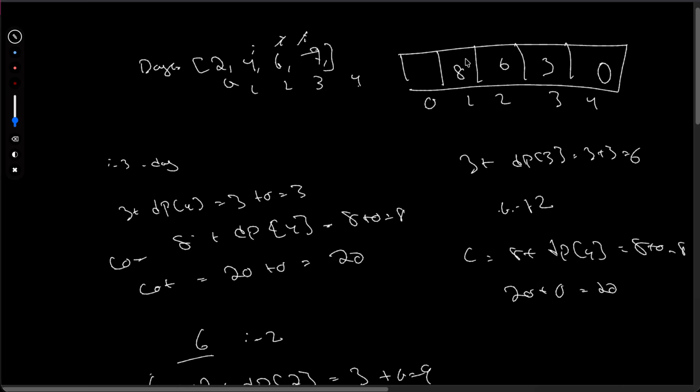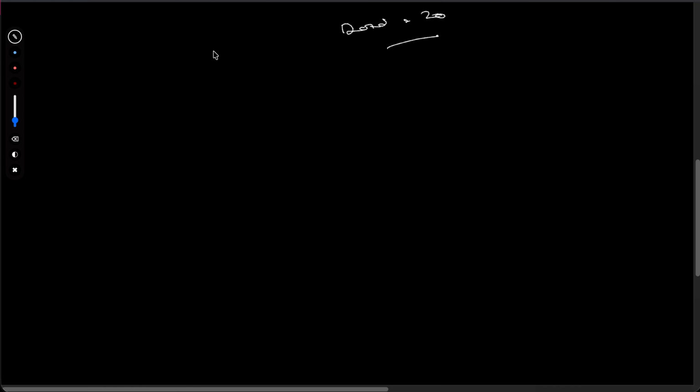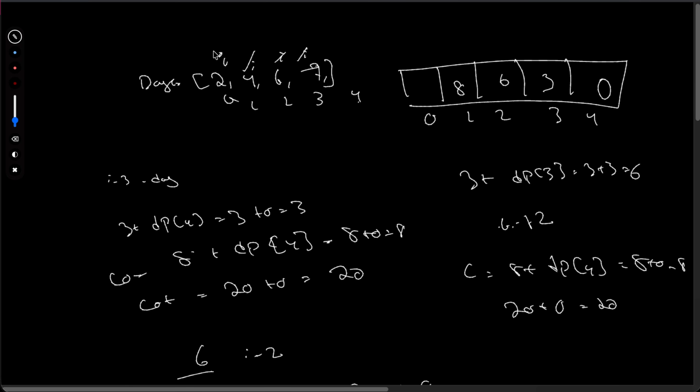Okay, so i comes here, last one, index 0, day is 2. So option 1, 1 day pass, covers day 2 only. The next uncovered day is 4, next index is 1. So cost is 3 plus dp of 1, 3 plus 8, that was 11. Option 2, 7 day pass, covers day 2 to day 8.